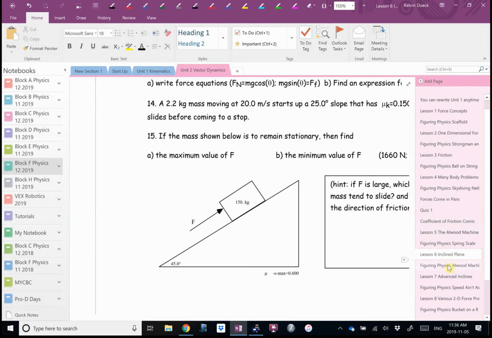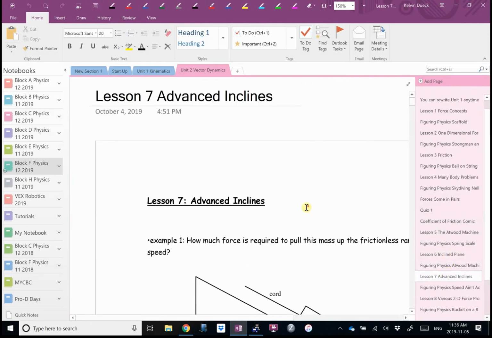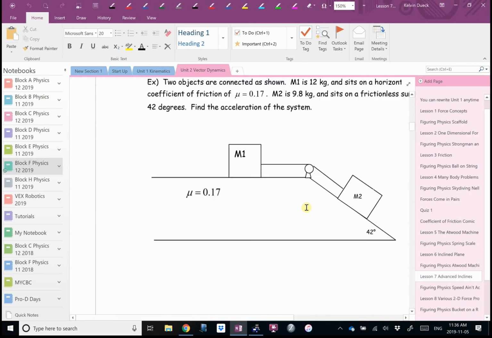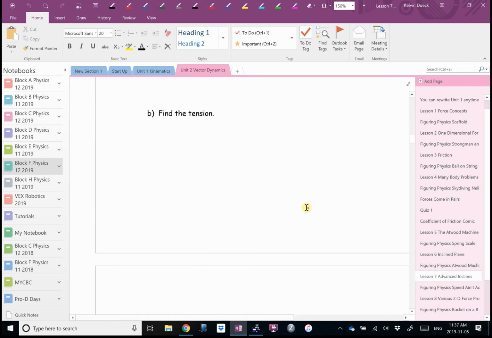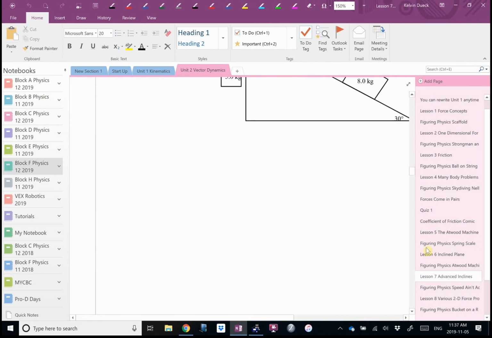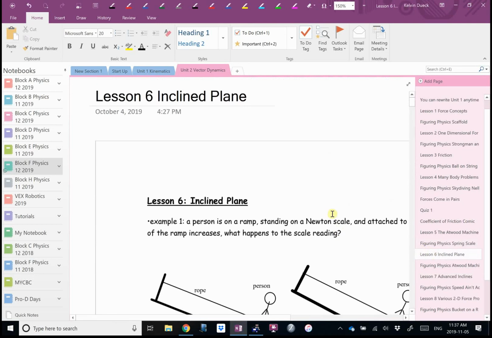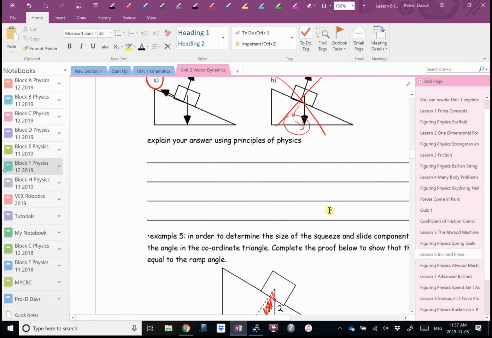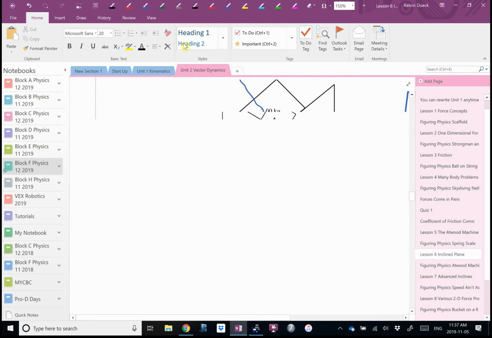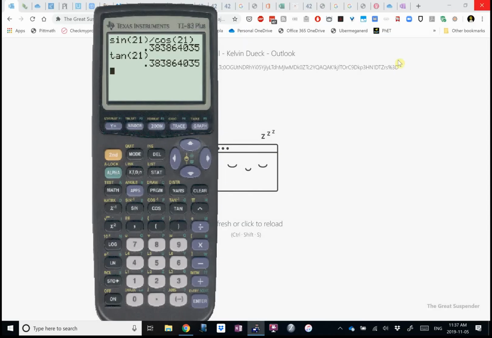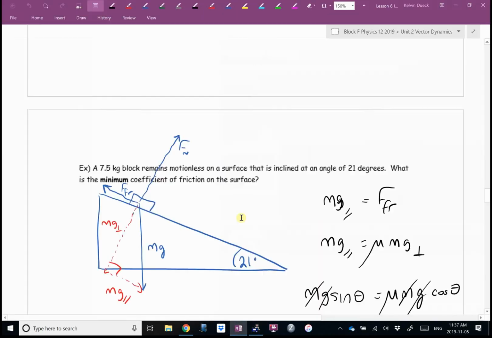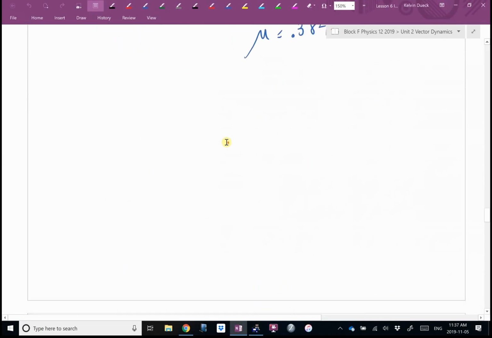Give me a second. Oh, and on cue, OneNote decides to be a little frustrating.